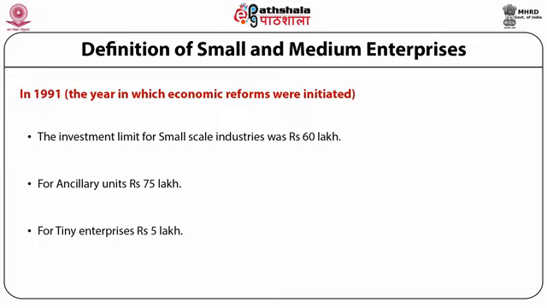Consequent to the enactment of the Micro, Small and Medium Enterprises Development Act, that is the MSMED Act 2006, the small and medium sector was defined as micro, small and medium enterprises with effect from October 2, 2006.